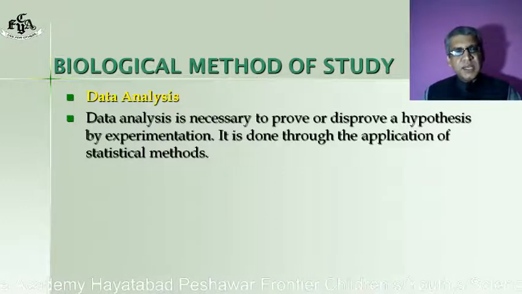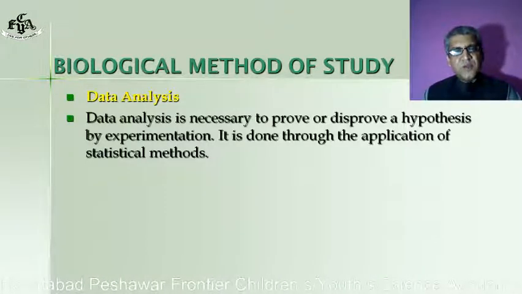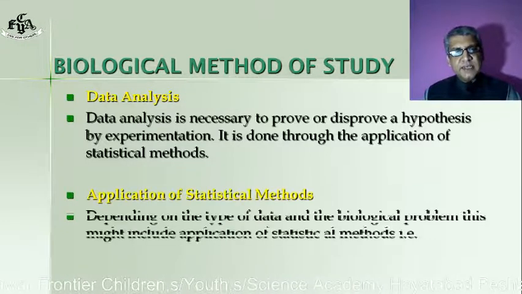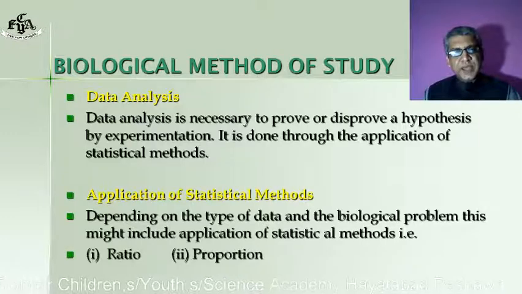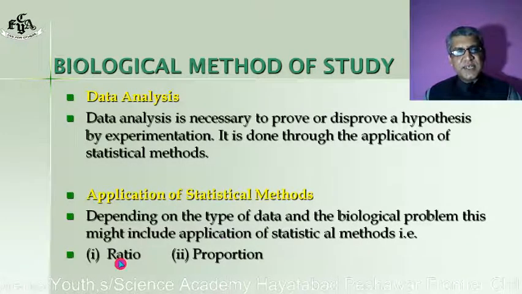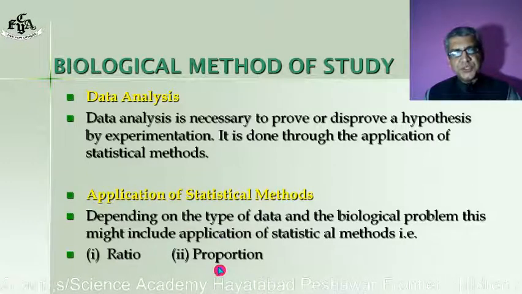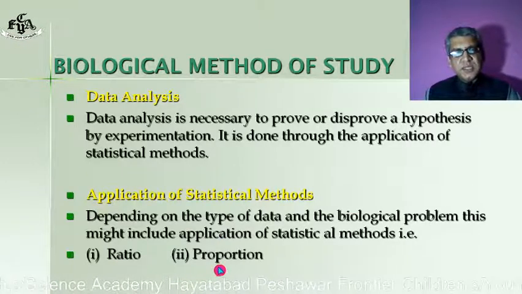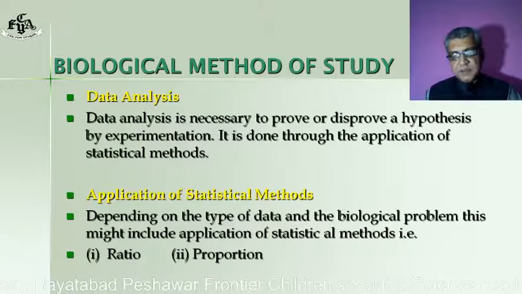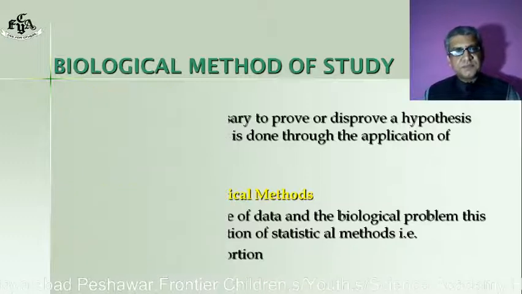Here we will discuss a simple formula of mathematics and statistics, that is ratio and proportion. First we will discuss ratio, then proportion, and then how biologists use these statistical methods in a biological problem.